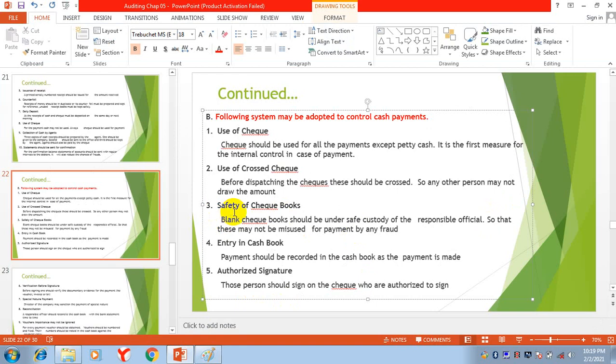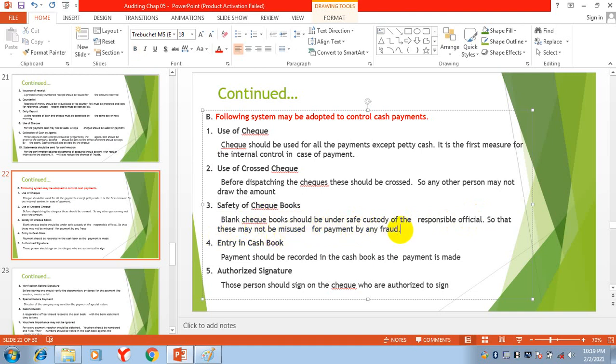The payment will be safe. The third thing is safety of checkbooks. There will be one person responsible for the checkbooks, and he will keep them safely. Blank checkbooks should be under safe custody of the responsible official, so that they may not be misused for payment by any fraud.